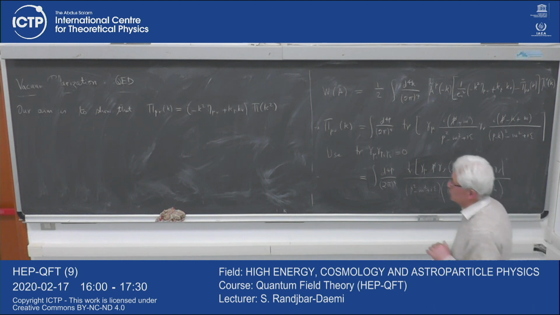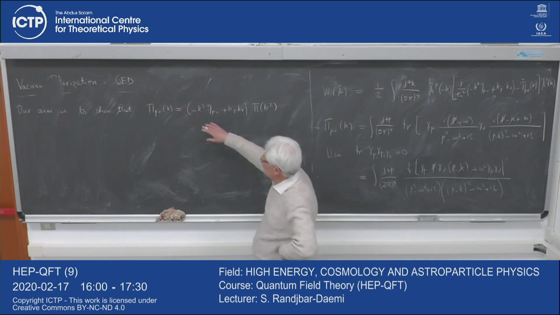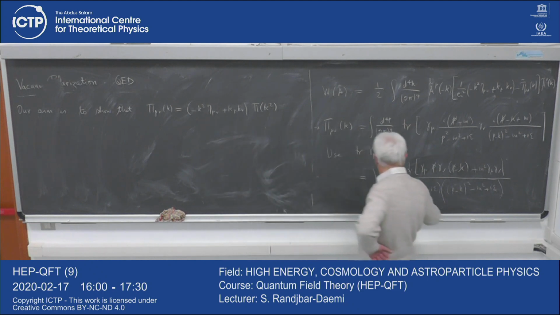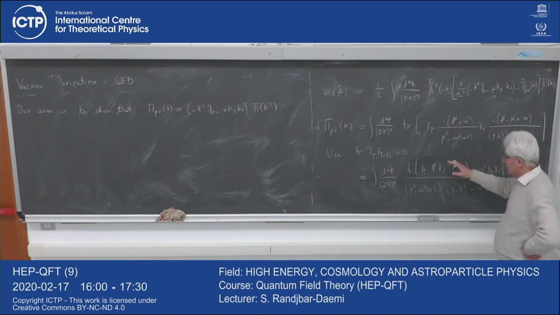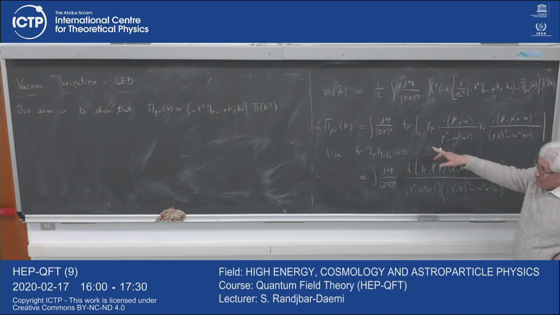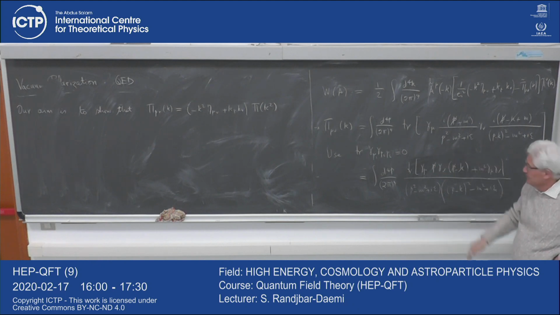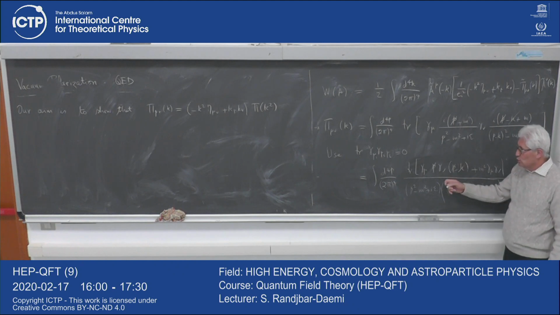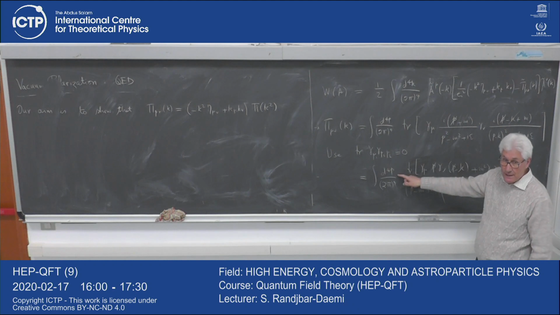So this is one of the things that we would like to do. We would like to show that by evaluating these traces and regulating, etc., the result will have that form. And you will see that there are non-trivial cancellations in order for it to come out. And we are going to use dimensional regularization to regulate the integrals over p.